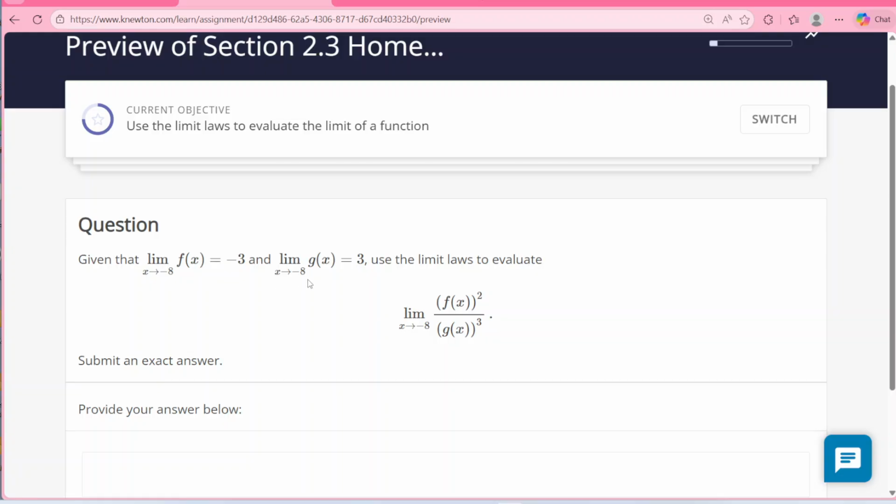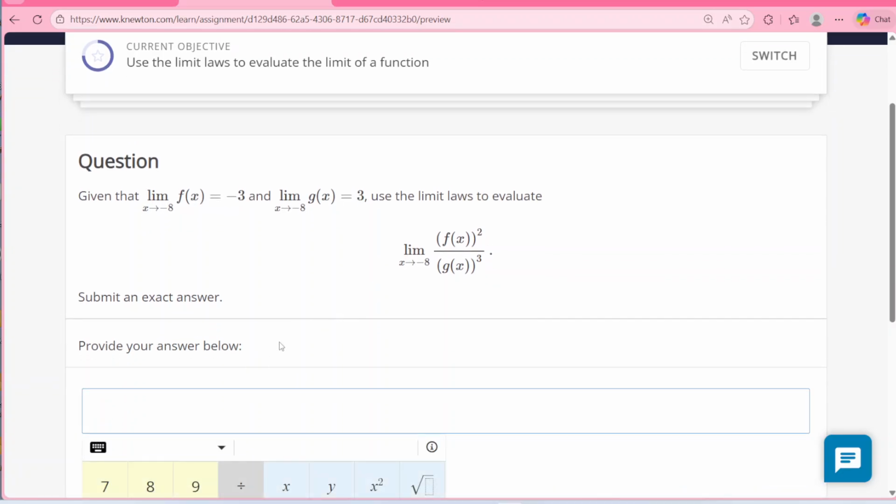And as x approaches negative 8, the g expression is approaching positive 3. We're asked to do this. What's the limit as x approaches negative 8 of f squared in the numerator divided by g cubed in the denominator? Well, f should be going to negative 3, but negative 3 squared is 9.